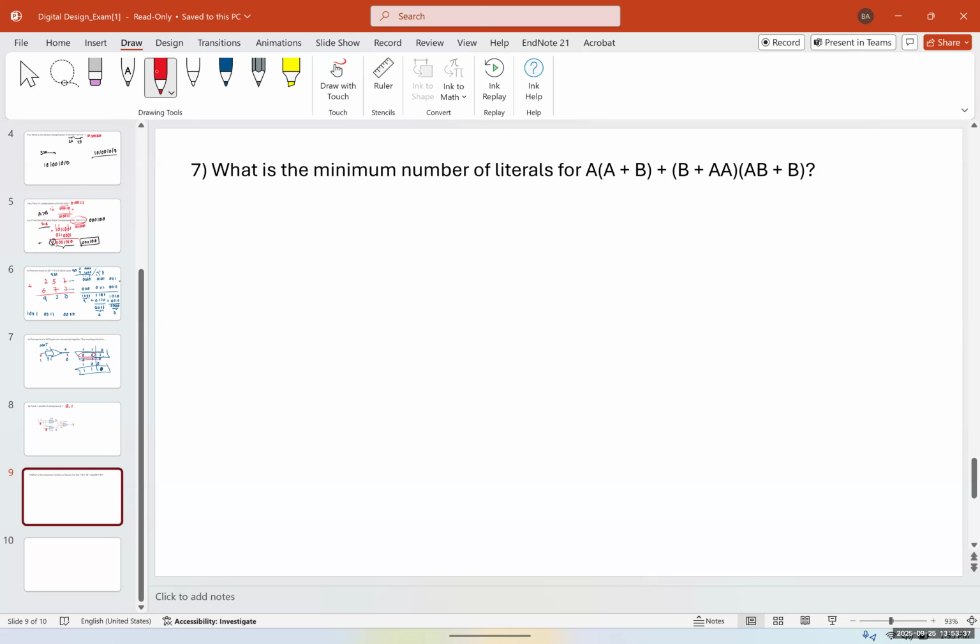So the answer should be just one. Again, the first student to solve this gets an extra point, a bonus point on their exam. Remind me to give you the extra point.